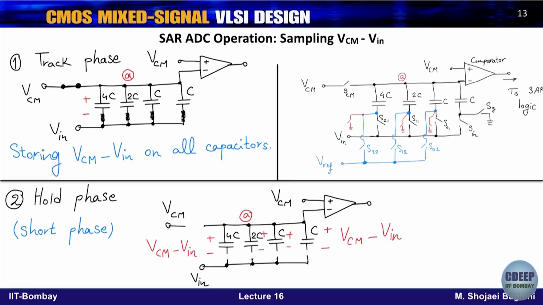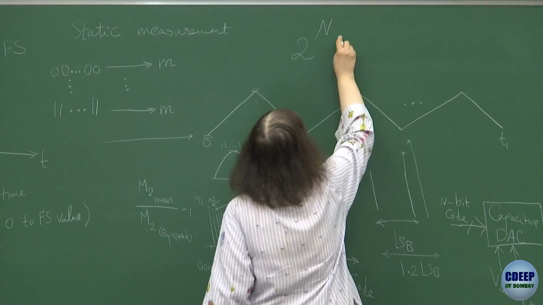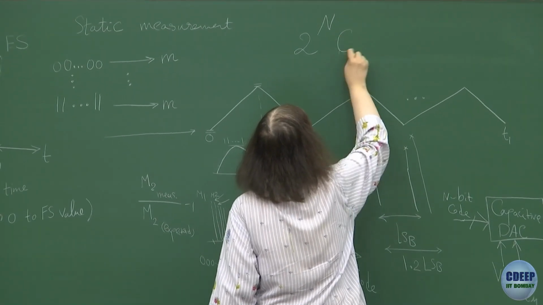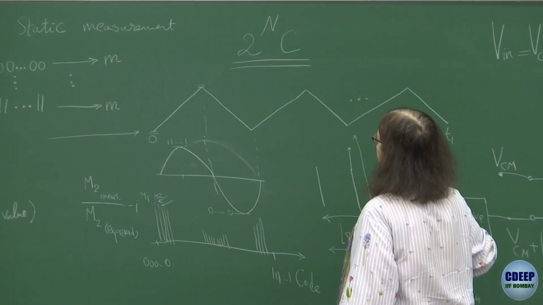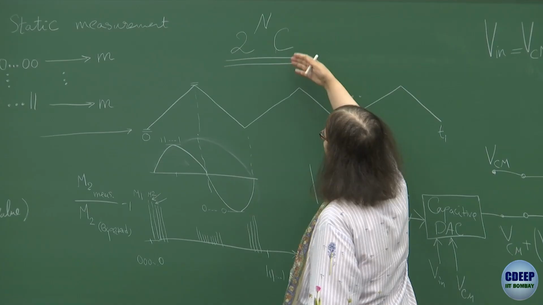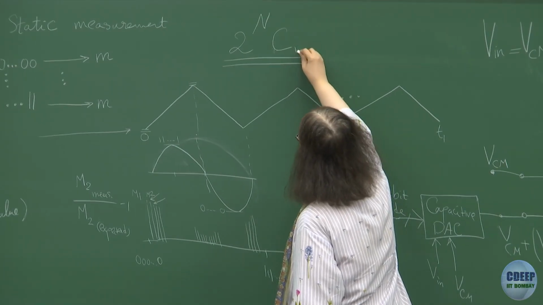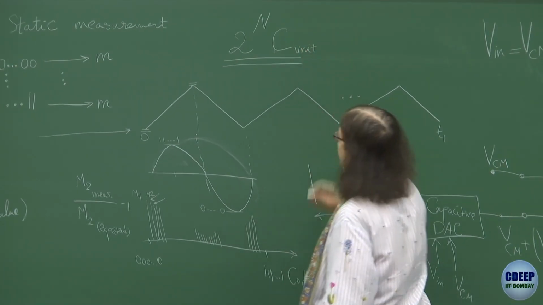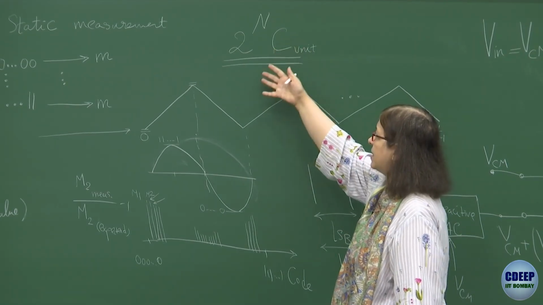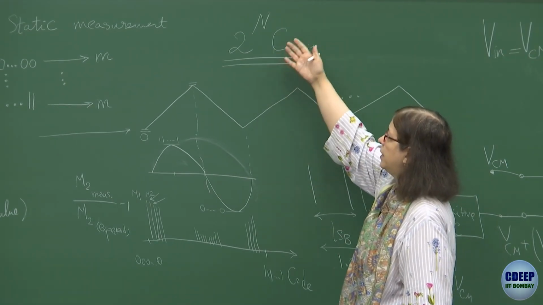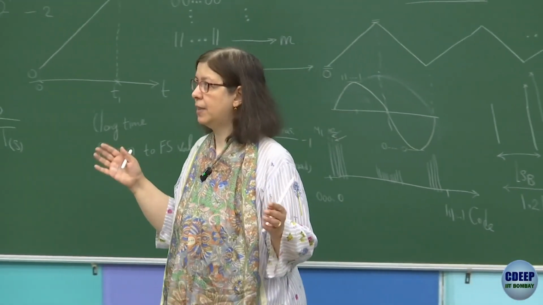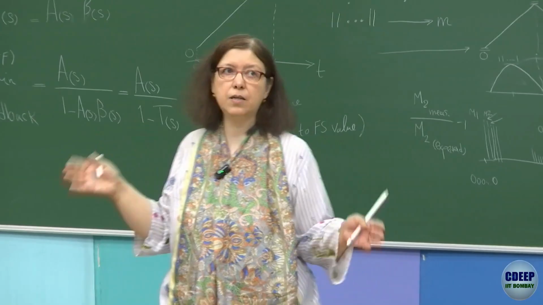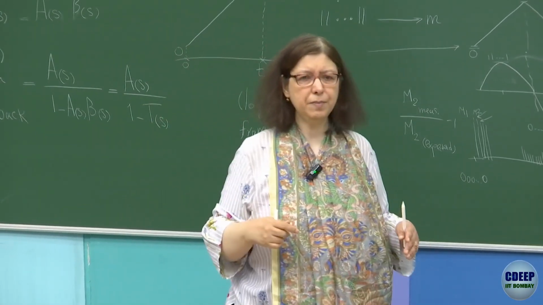You add them all together and you will get 2 to the power N C. Do you remember we had a similar thing in the flash ADC, which had a resistive ladder of 2 to the power N unit R; here it is unit C. So if N increases, you have a power of 2 increase in the area. The area of the capacitive DAC in a SAR ADC is huge, and that's one of the problems.